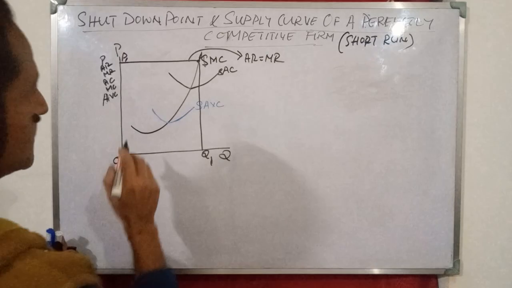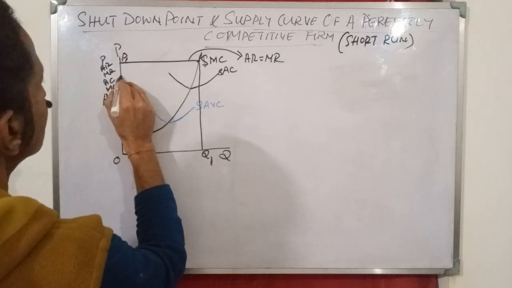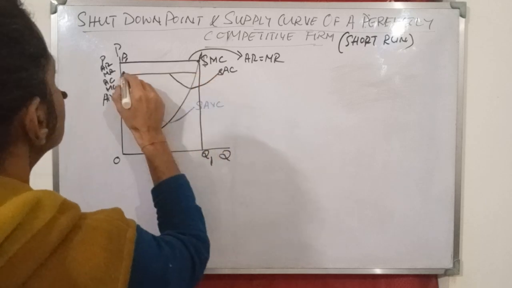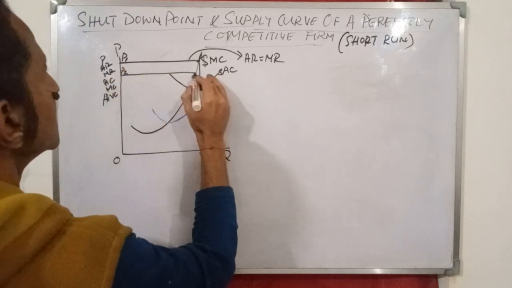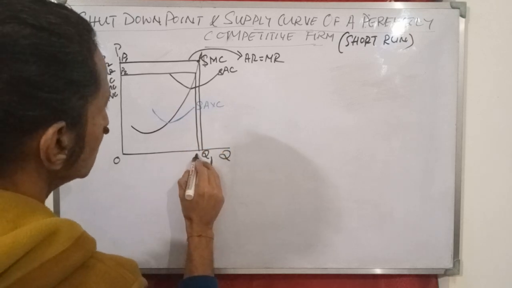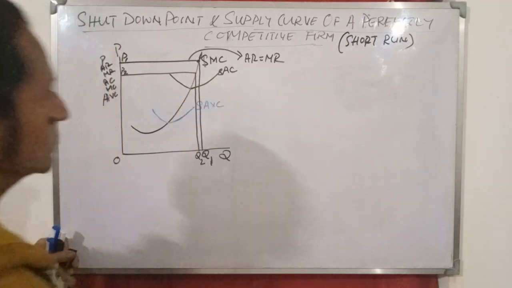Now suppose price has fallen to P sub 2. So equilibrium quantity falls from Q sub 1 to Q sub 2.